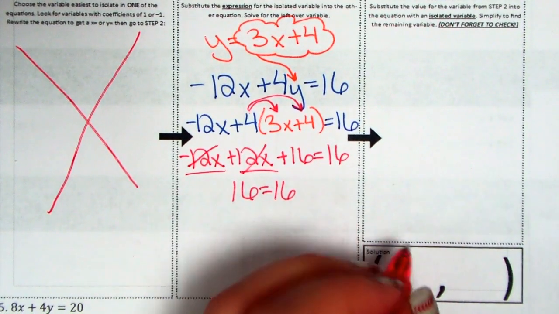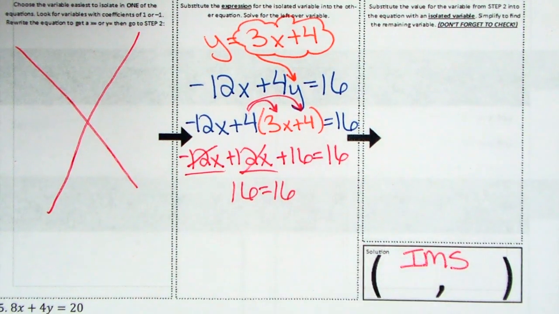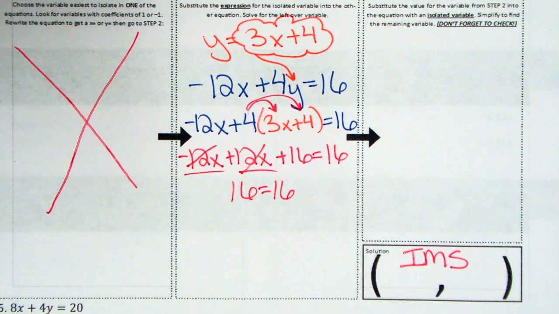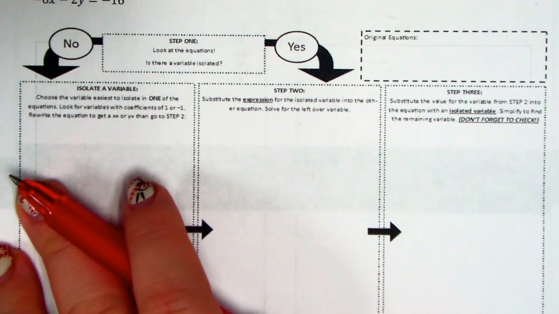Now that is a true statement, which means that there are infinitely many solutions, and you are able to use IMS to abbreviate that. Remember, with infinitely many solutions, if we were to describe this solution, we would say that it is a consistent and dependent solution or system.